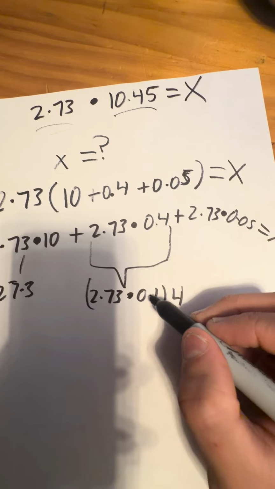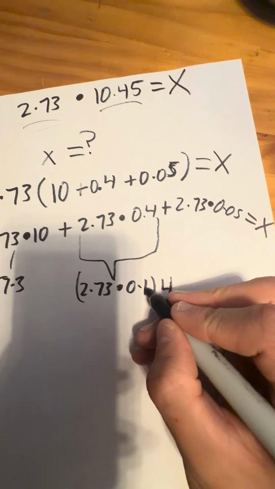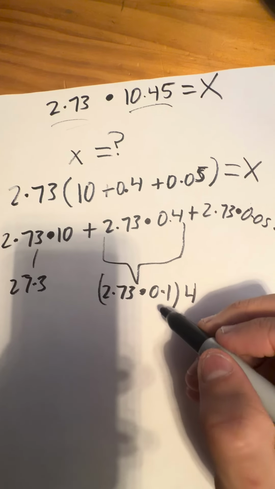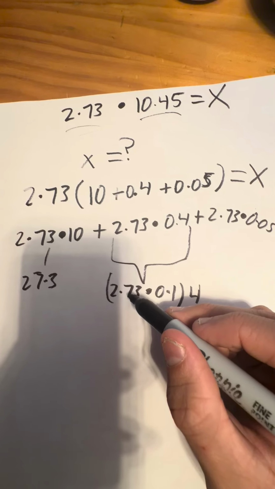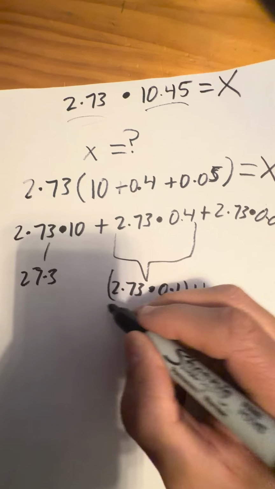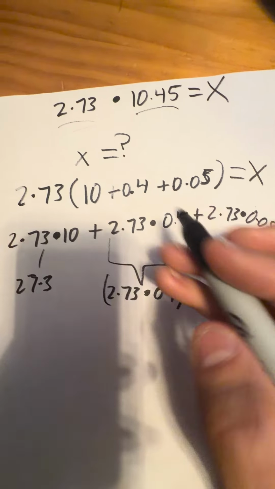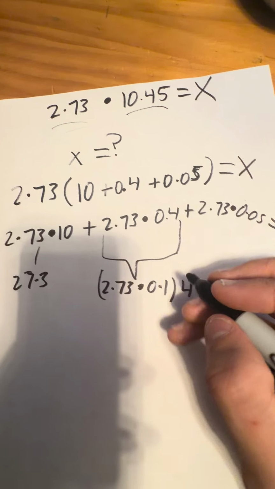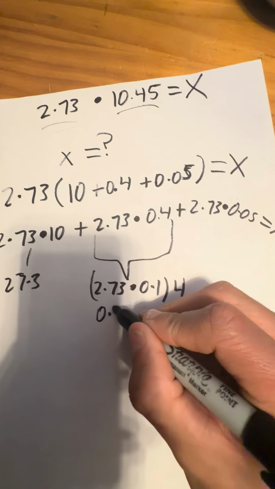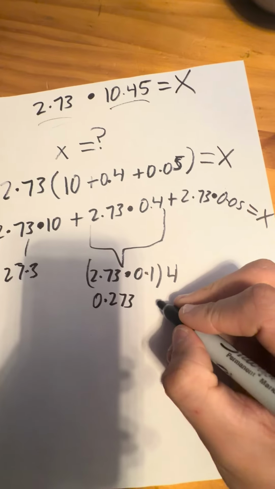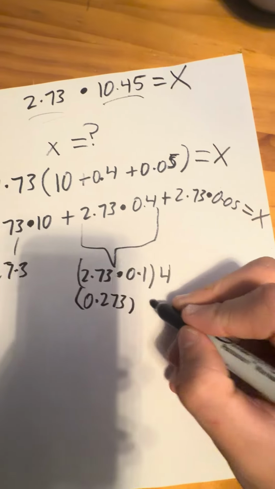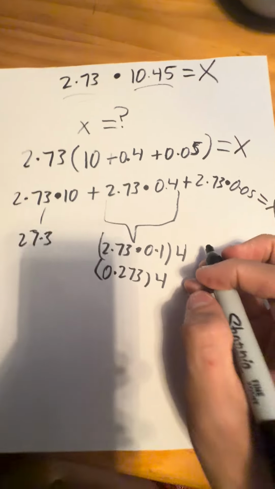And 0.1 is a little bit more manageable since it's kind of like a smaller version of 10. You just move decimal places. In this case, you move 1 to the left instead of the right, since it's a tenth instead of a 10. So it's going to be 0.273, and then it's multiplied by 4. Right?